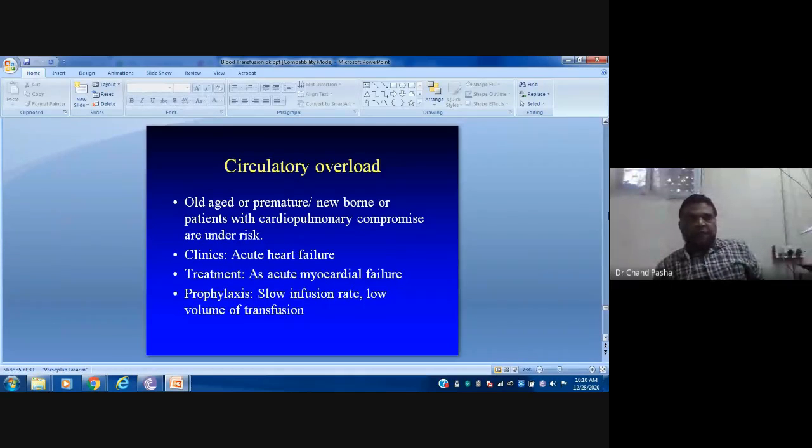If the BP is not increasing and you still go on giving blood, circulatory overload will happen. Old age, premature newborns, or patients with cardiopulmonary compromise are at risk. It will lead to acute heart failure, and you are supposed to give the treatment for acute myocardial failure, because more pressure is applied on the heart. For prophylaxis, you are supposed to use a low infusion rate and a low volume of transfusion.